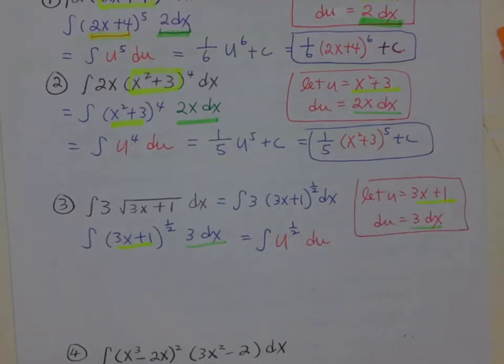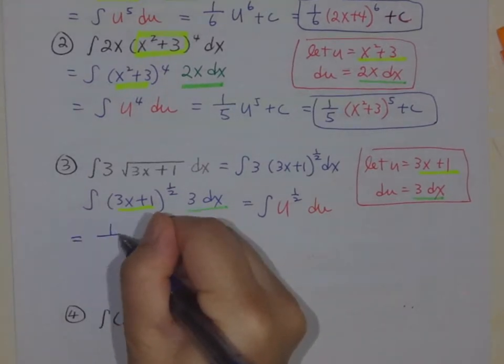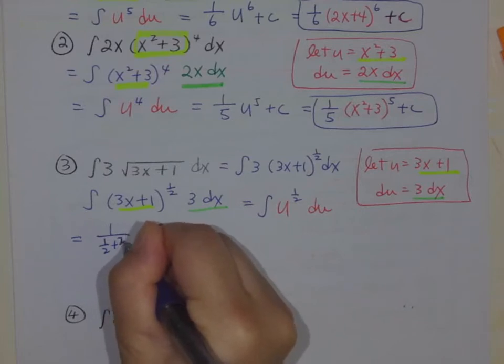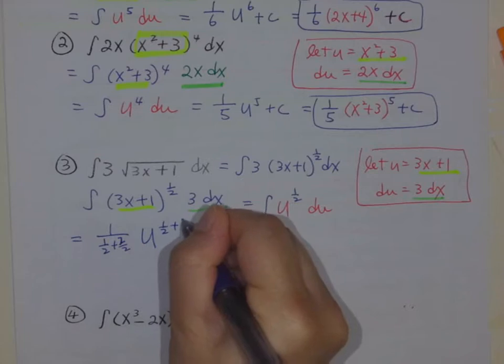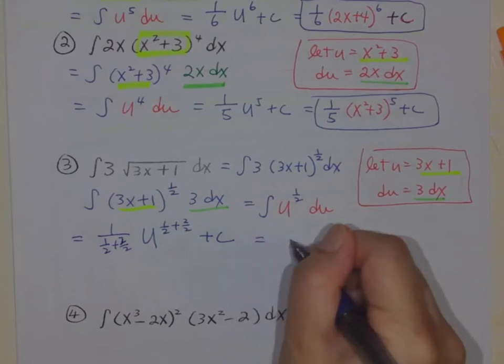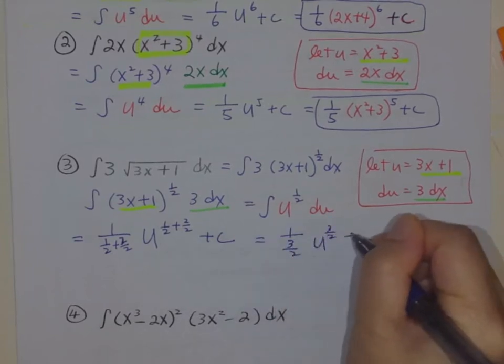The integral of that is going to be 1 over the 1/2 plus 1, right? So it's going to be 2 over 2, and then u to the 1/2 plus 2 over 2, plus c, right? So that would give me 1 over 3/2 u to the 3/2 plus c.